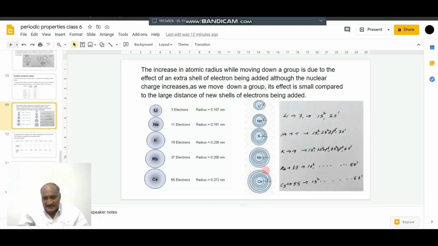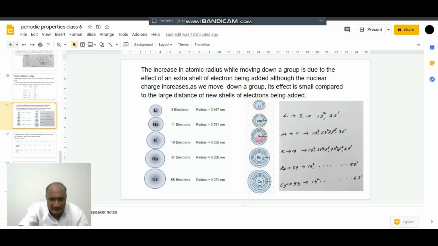Hence, the size of cesium increases, and as the size increases, definitely the radius of cesium also increases. Hence, its atomic radius is found to be 0.272 nanometers.